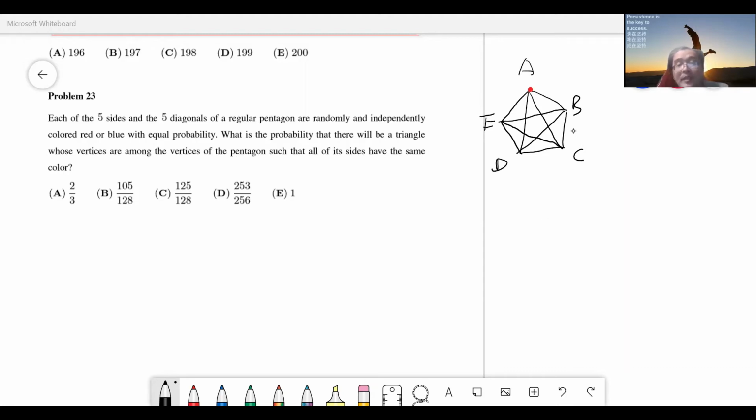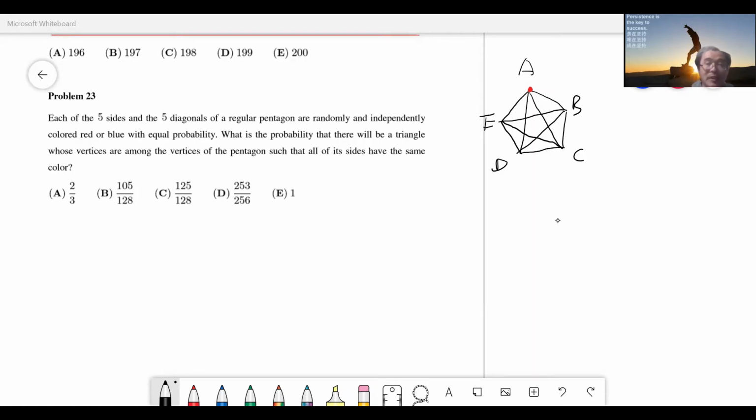You can imagine ABC can be the same color, blue or red, or ACD can be that. If you look at this, that's too many cases. So to count, it's better to think about the opposite, right? That's complementary counting. So we're going to use the complementary probability.